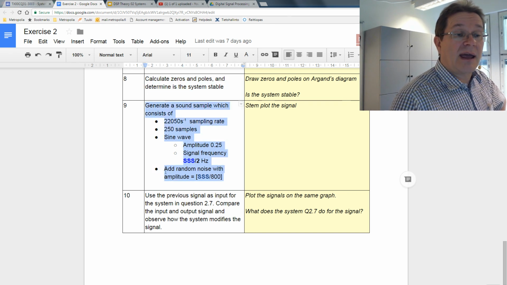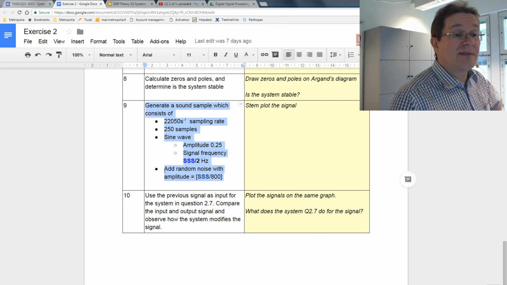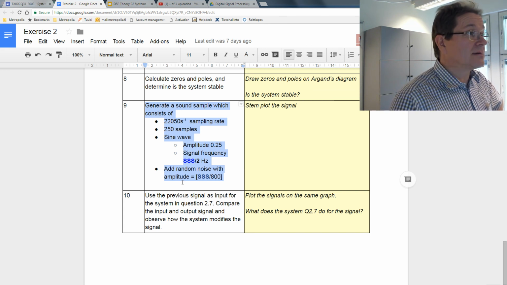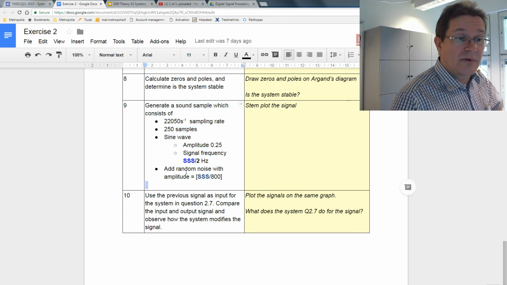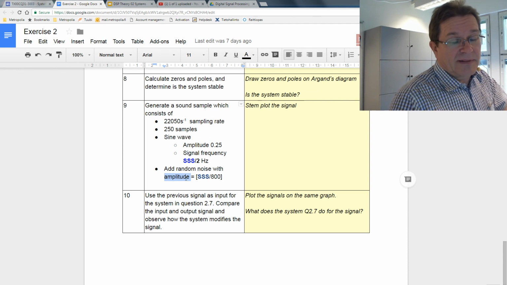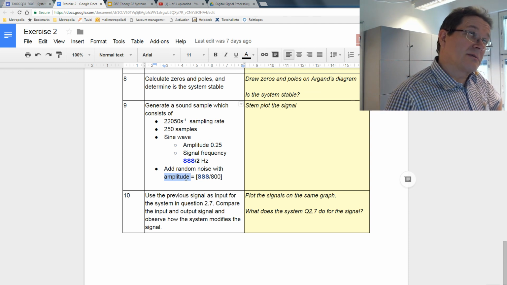Okay, here I have add random noise with amplitude, meaning this is directly the scaling term for that random number. Well, that would be the deviation, not quite the amplitude.